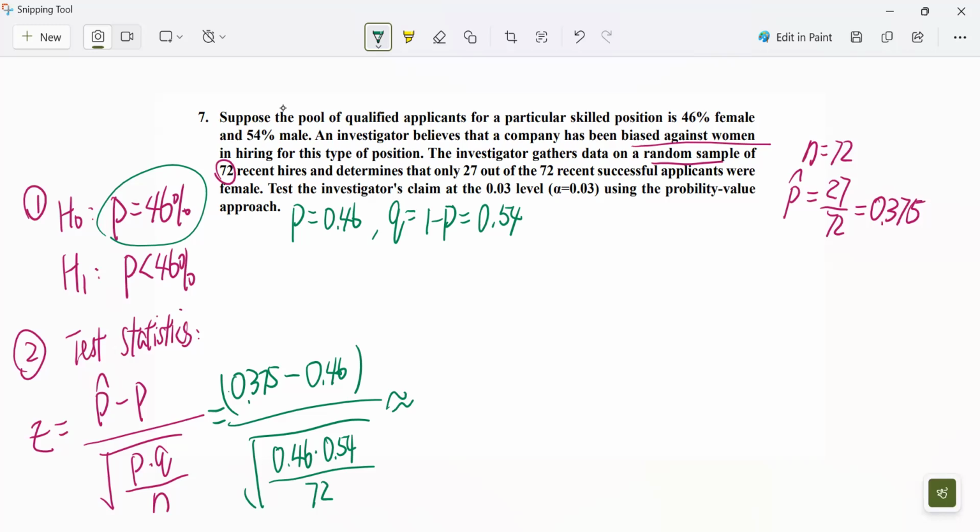It's 0.375 minus 0.46, over the square root of 0.46 times 0.54 over 72. You can also try in your calculator. And that turned out to be approximately minus 1.45.